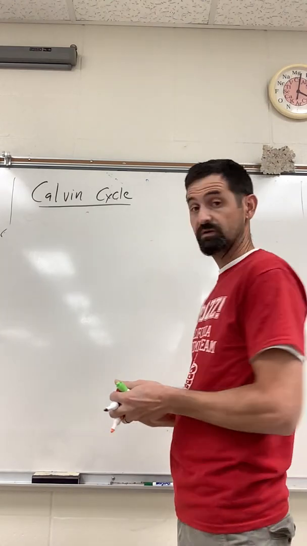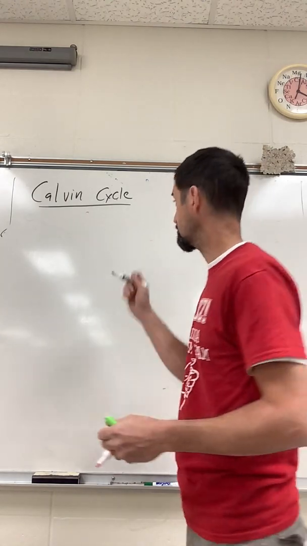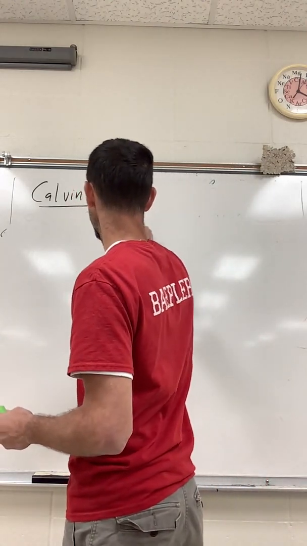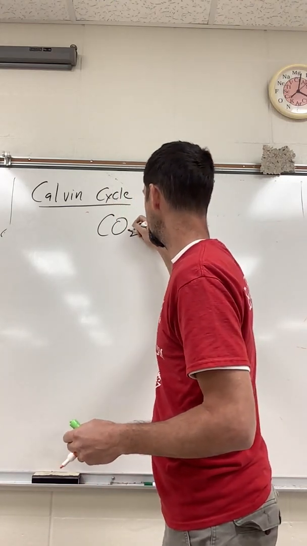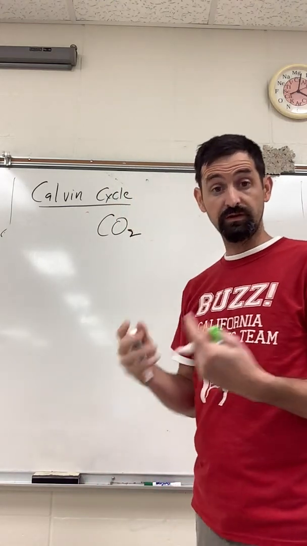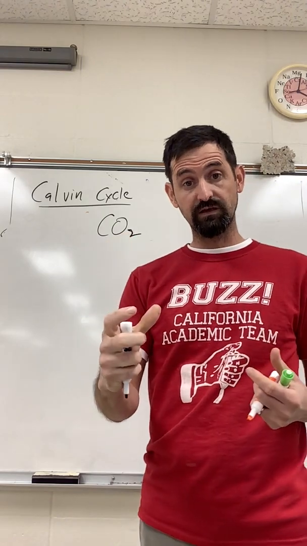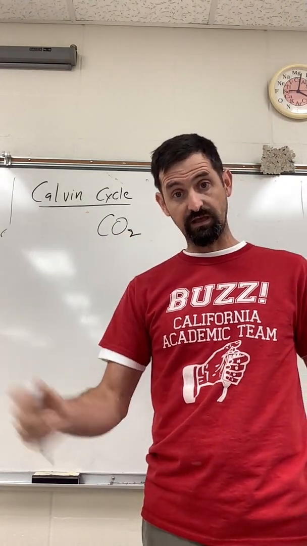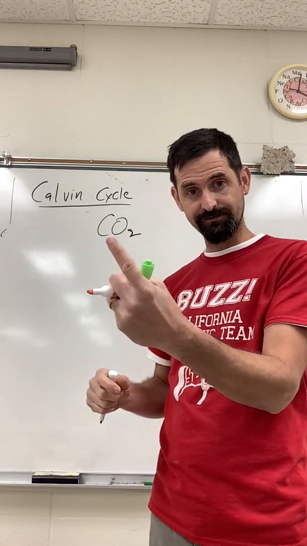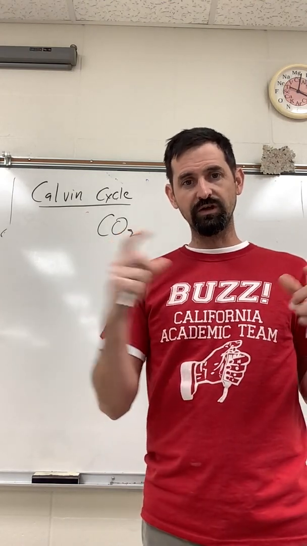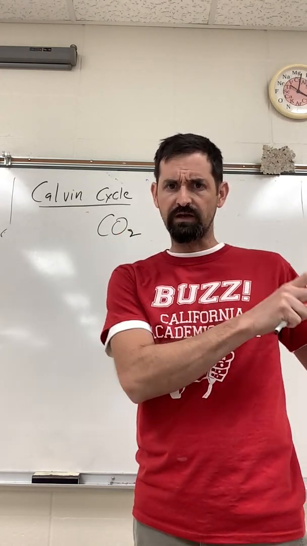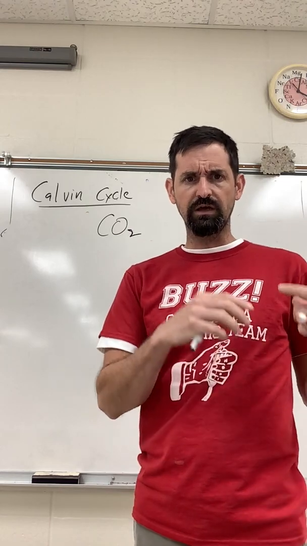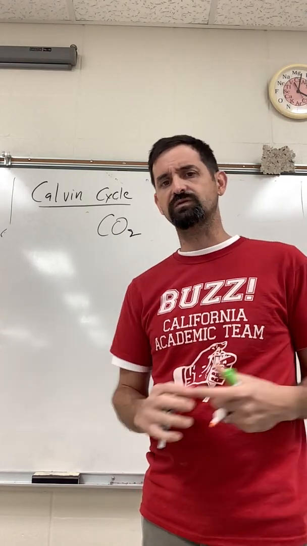So let's start with our carbon dioxide. We have some CO2 in our atmosphere. This plant ultimately wants to grab that CO2 and do the photosynthesis thing and end up with that carbon hooked together in a carbohydrate, like that 6-carbon C6H12O6 glucose molecule.